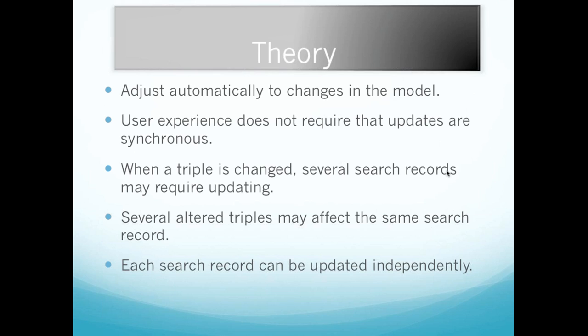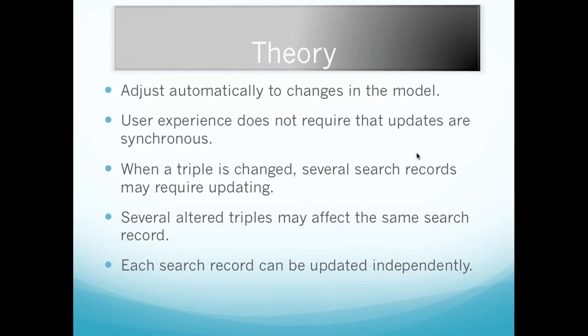In contrast, for example, we found that if someone changes an individual to be a faculty member, then as soon as their page comes up, they should display as a faculty member, and so updates to the inferencing are synchronous. But if you make that change or change someone's job title and it takes 3 or 4 seconds before the search index updates, that is acceptable.